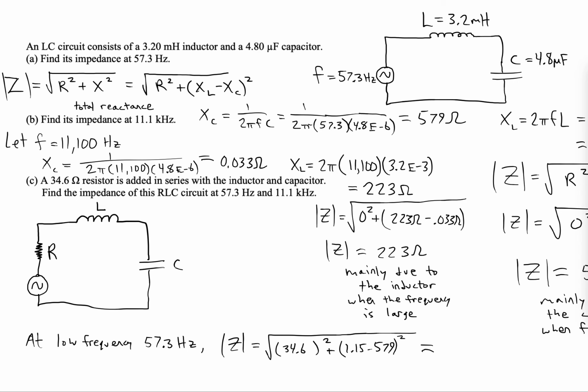I get about 578 ohms for that. So the addition of the resistor didn't make a big difference because it was a fairly small resistance.